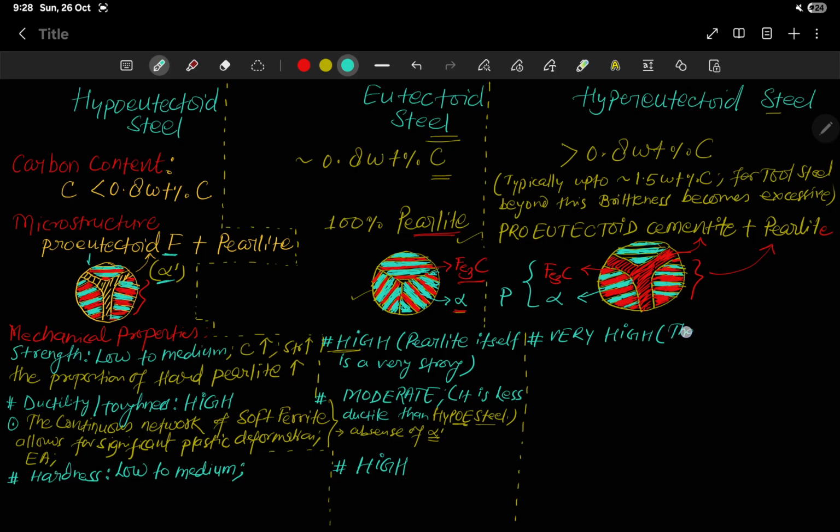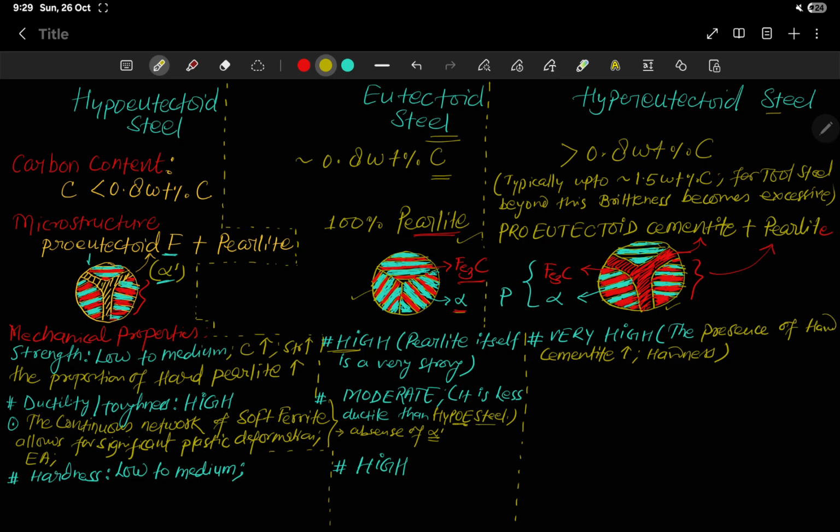The presence of hard cementite increases the hardness and strength. Okay, now this strength is very high because of this cementite phase.